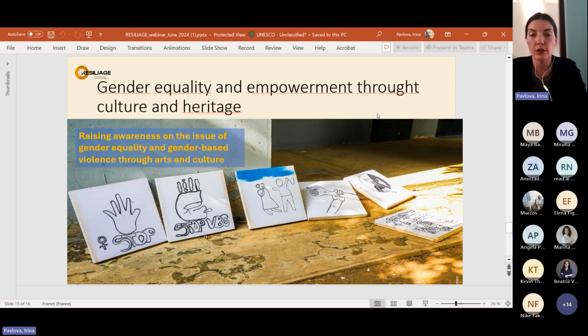Finally, heritage, with its artistic expressions, is a way to convey powerful messages and interact with vulnerable people.